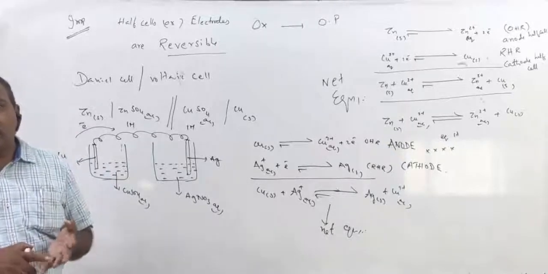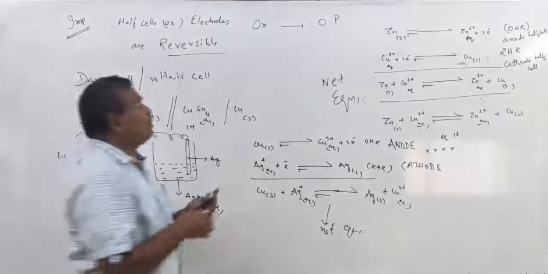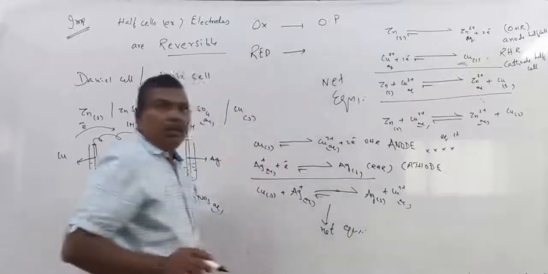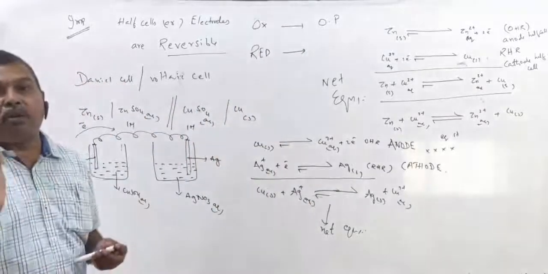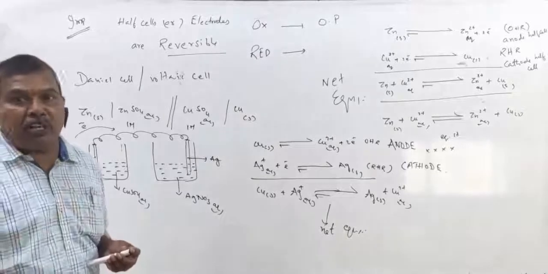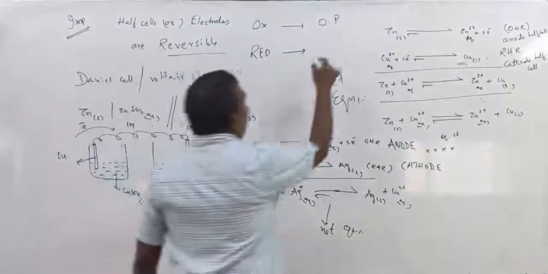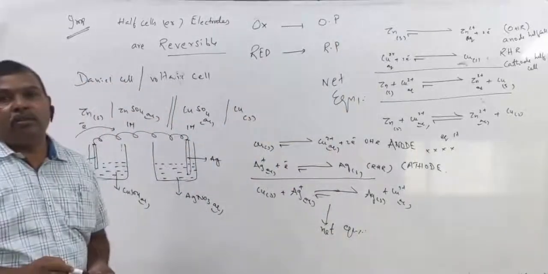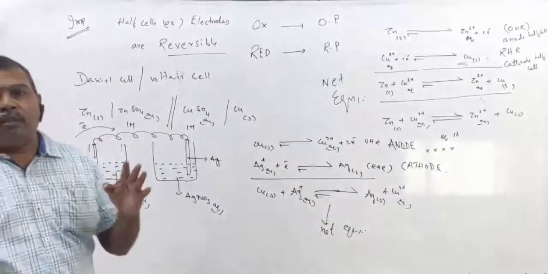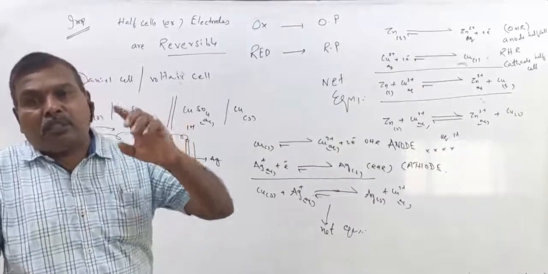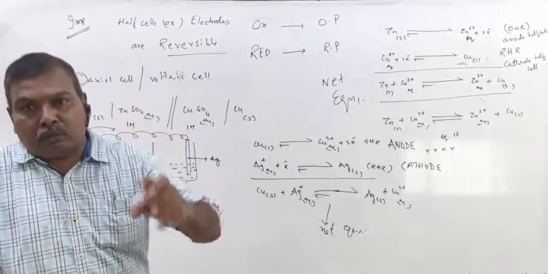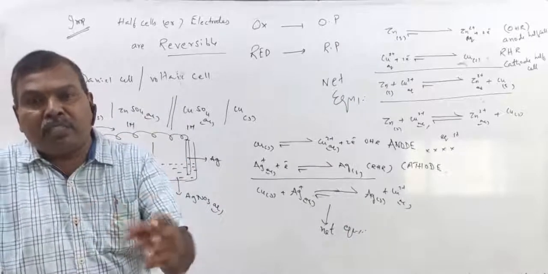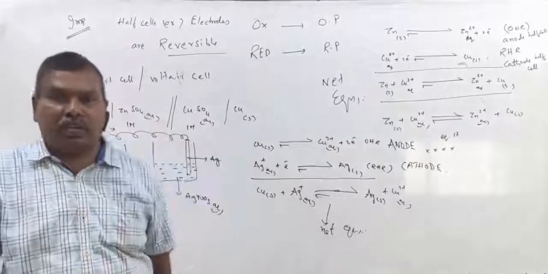Clear? If any electrode undergoes reduction, then a potential is developed between the two phases. That is called the electrode potential, right? That electrode potential is called the reduction potential. So if an oxidation reaction takes place at the electrode, then the potential developed between the two phases is said to be the oxidation potential.